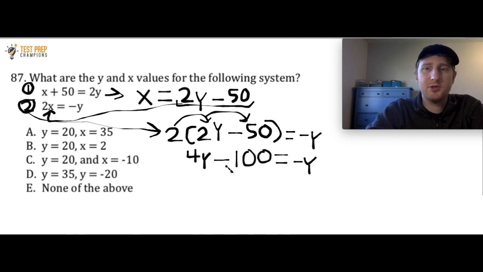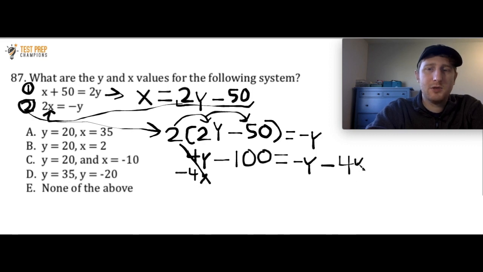Again, there are multiple ways to approach this, but what I'm going to do is take this 4y here, since it's positive 4y, and subtract 4y from this side of the equation. Now, why would I do that? Well, the reason is that the 4y's will cancel out. But in math, whatever I do to one side, I also have to do to the other, so I'm also going to have to subtract 4y from this side.